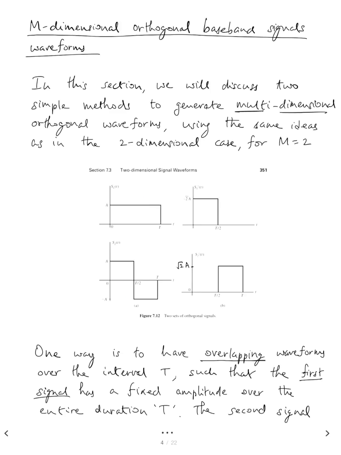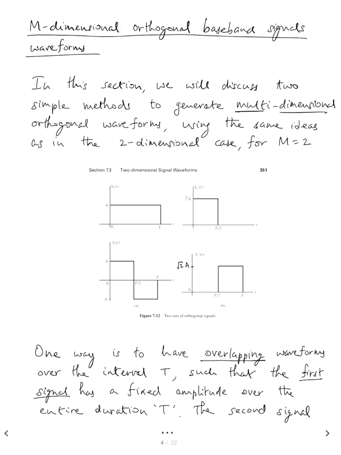We keep the same amplitude A, but for half the duration it has positive amplitude, and for the remaining half it has negative amplitude, over that entire duration T. That is how these two waveforms have been created, and you can verify that they are orthogonal to each other.